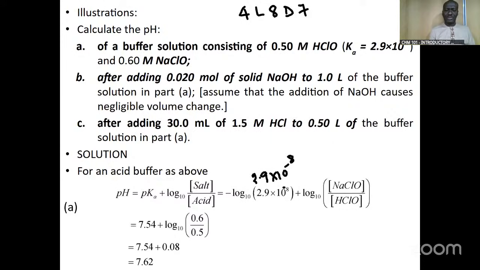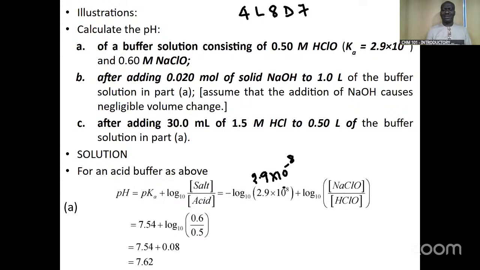Now, what happens if you add 0.02 mole of solid sodium hydroxide to 1 liter of the solution? It means that you have added 0.02 mole of sodium ion and 0.02 mole of hydroxide ion.